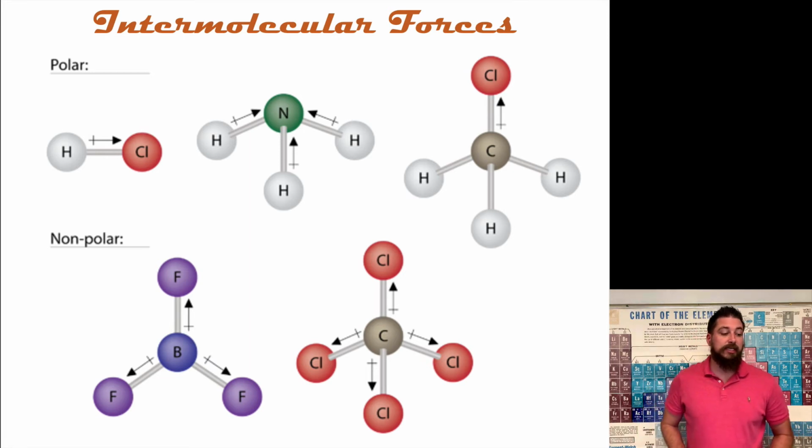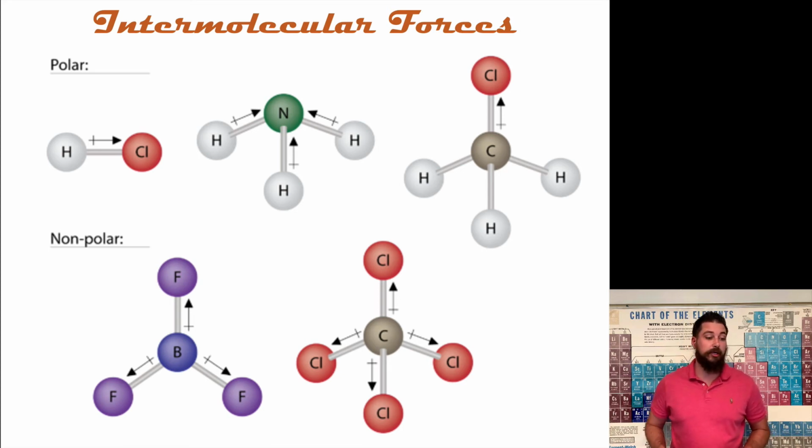And you'll see that in the CCl4, the dipoles are all canceling each other out there because again, if you add it all up, they end up canceling each other out.